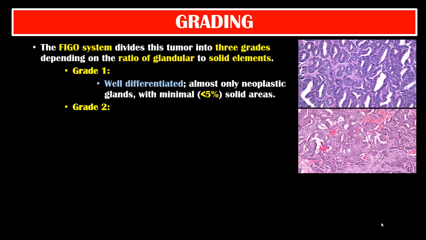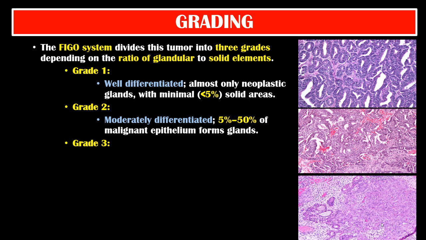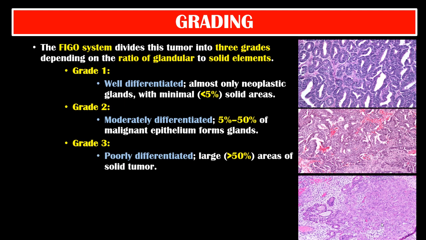Grade 2: moderately differentiated, 5% to 50% of malignant epithelium forms solid areas. Grade 3: poorly differentiated, more than 50% solid tumor.